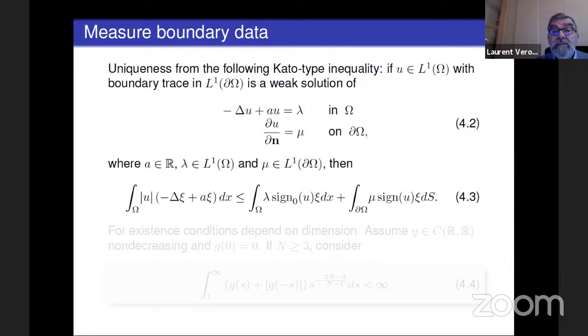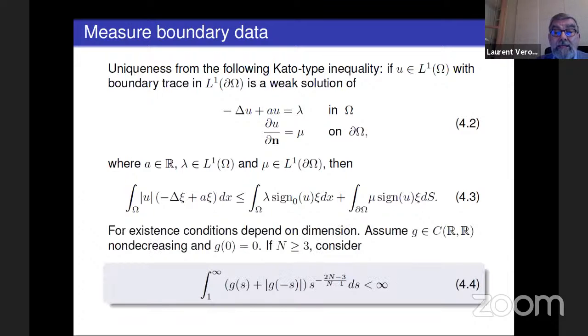Taking minus Laplacian of psi plus psi, in that case a is 0, with psi equal, for example, to 1, I obtain for the difference between two solutions that the difference is equal to 0. So this is uniqueness, as in all those problems with measure data.